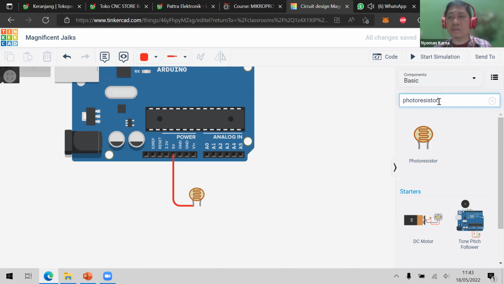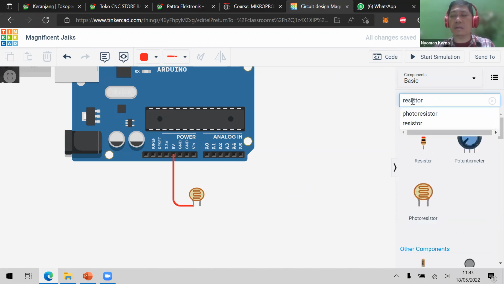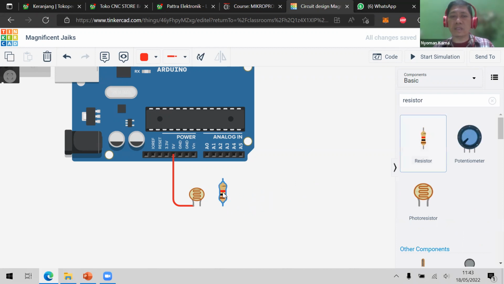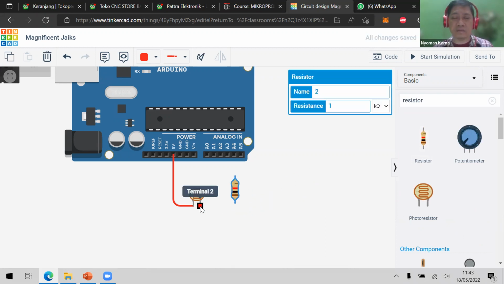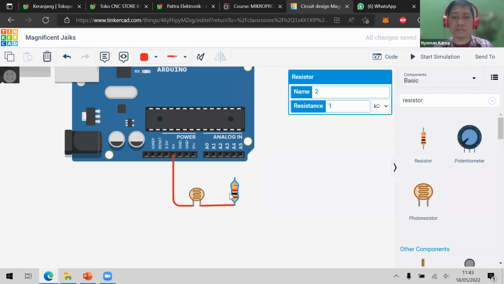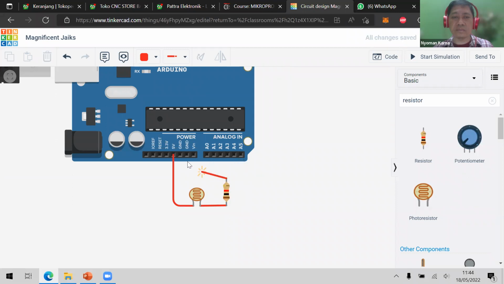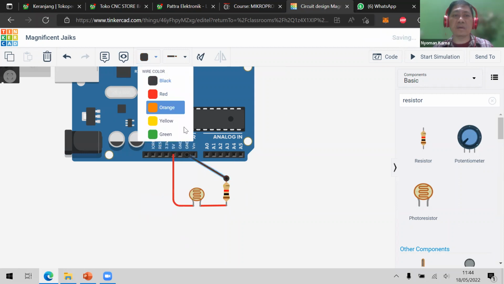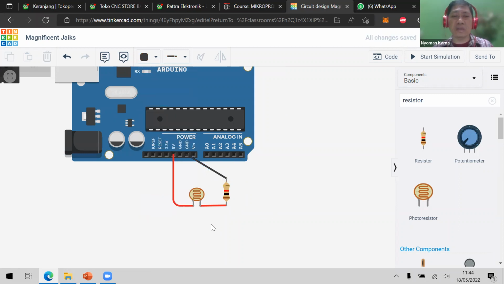So we need something as a voltage divider. This is for the ground, and then I'm going to measure the voltage at this position.